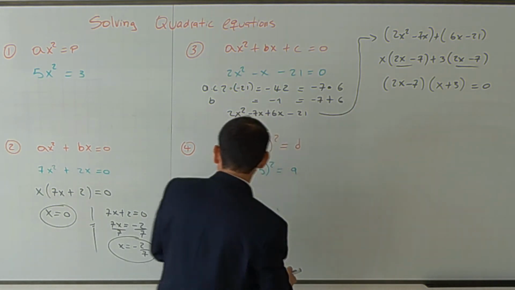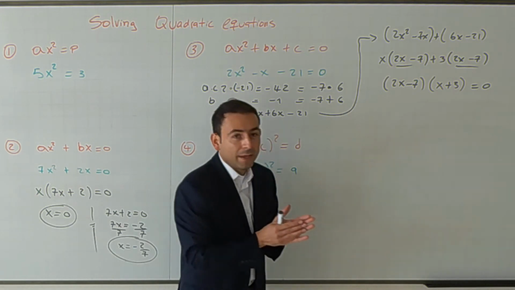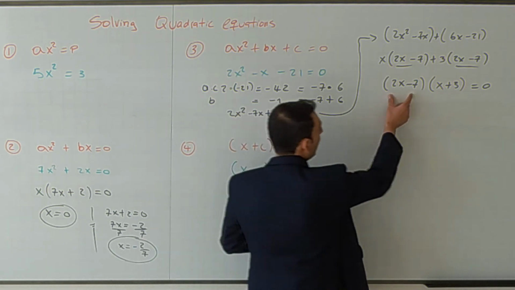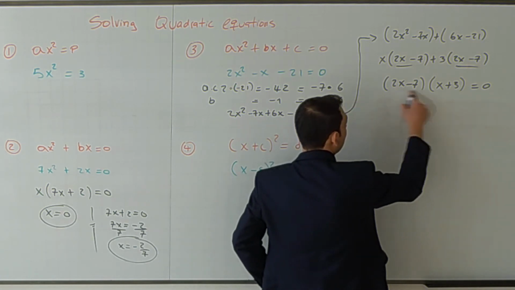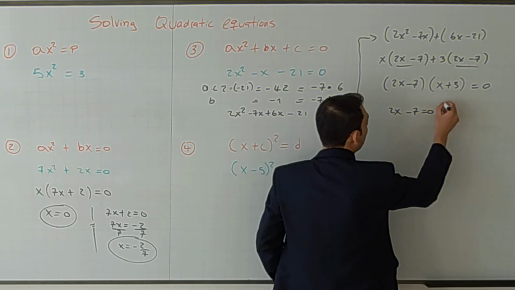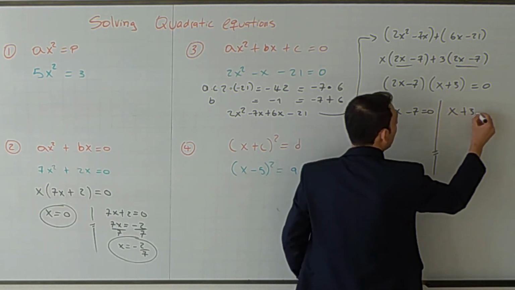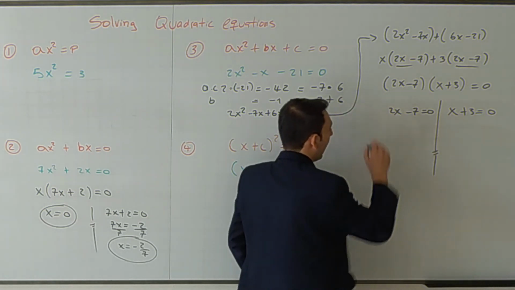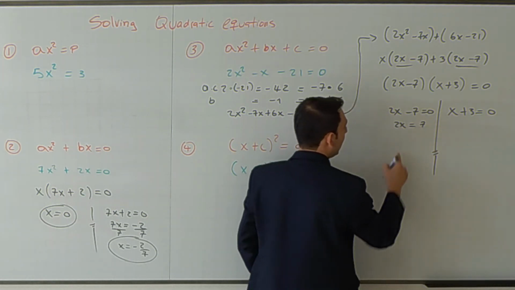Then, guys, remember, in a similar way for example number 2, we have to separate or make each factor equals to 0. Then the first factor is the first parenthesis, x, 2x minus 7 equals to 0. And the second option for the second solution is going to be x plus 3 equals to 0. And then isolate. Then 2x is equals to positive 7.